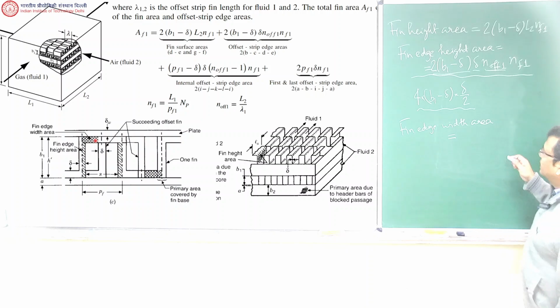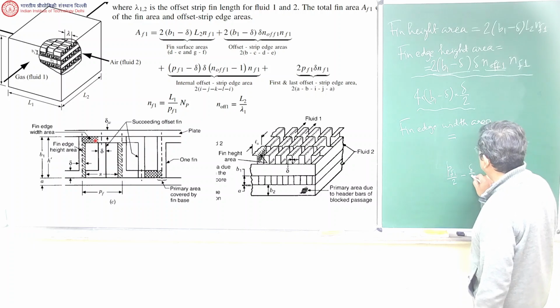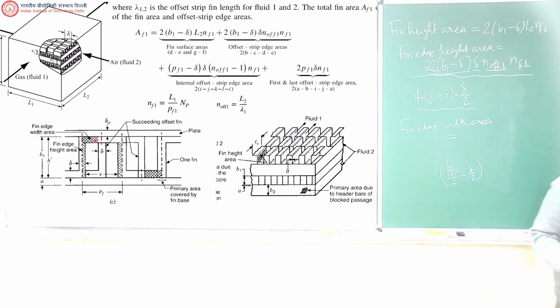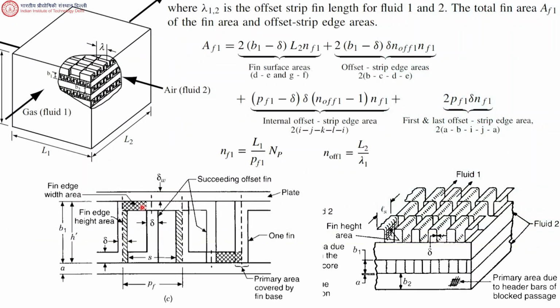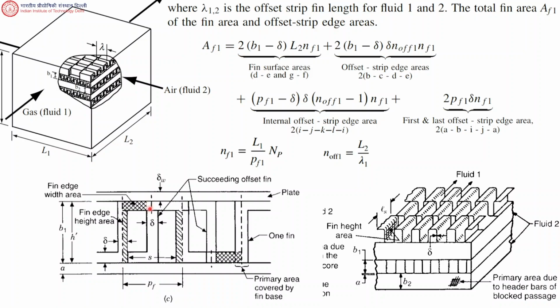So it will have PF1 by 2 minus delta by 2, right? What is that? If you look at this area, from this line to this line is PF by 2, and just this small thing here is delta by 2.